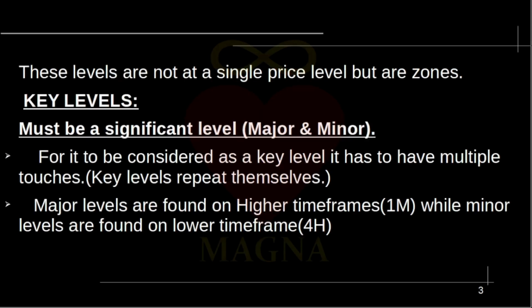These levels are not at a single price level, but are zones. Support and resistance levels are not just at a single price level, but it is actually a zone.